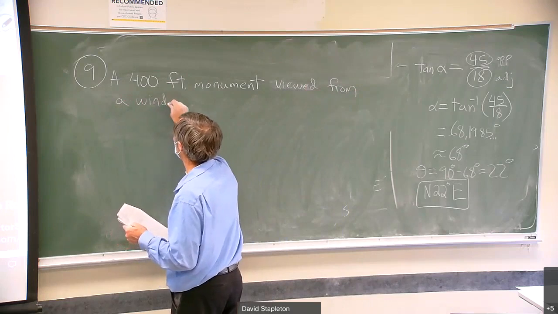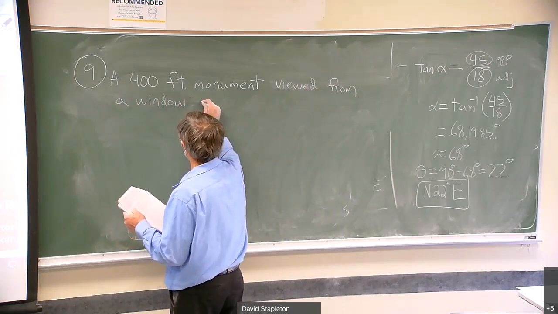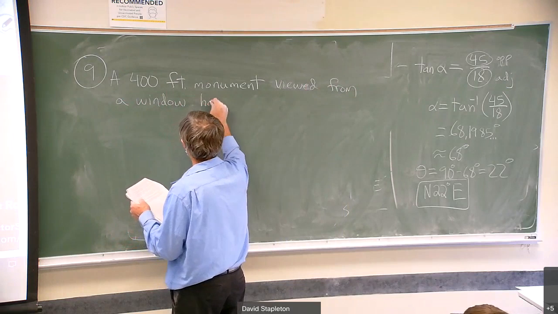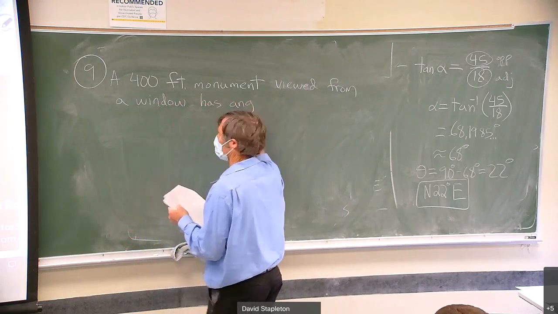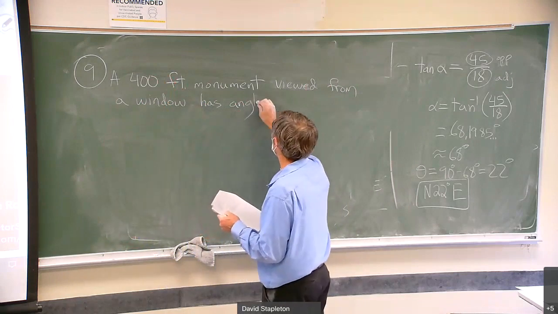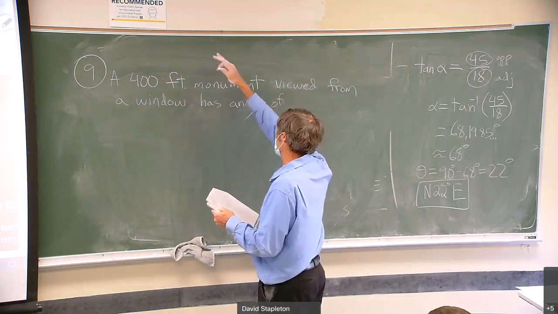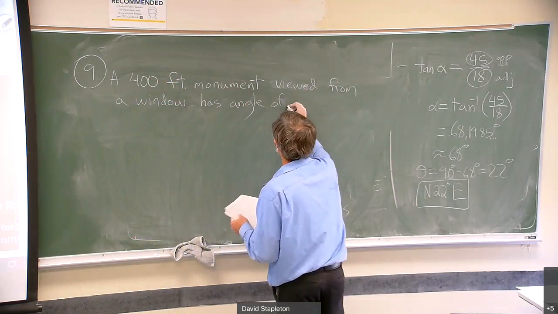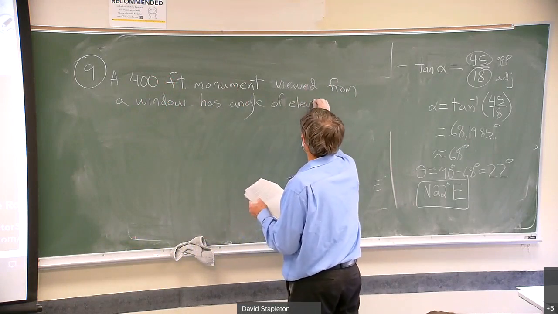It has an angle of elevation. That's an angle up from horizontal. So I told you we're learning terminology here. Angle of elevation, like a gun turret. How high up is it from horizontal? Angle of elevation.